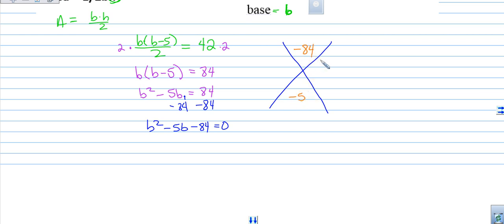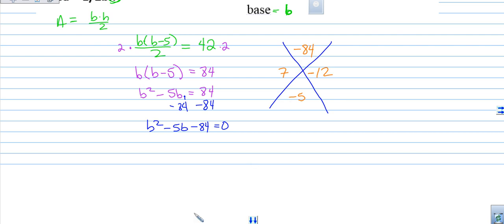Okay, so we do the x method. You put a times c, which is 1 times negative 84, up on the top, and the b goes on bottom. So now we try to complete the x, and 7 times 12 will give me 84, and then 7 minus 12 will give me a negative 5, and 7 times negative 12 is negative 84, which is what we need.